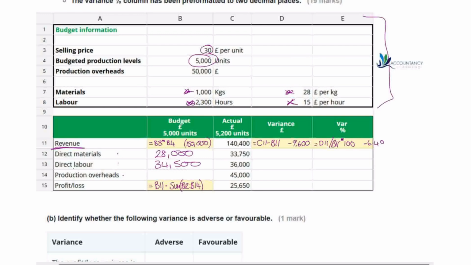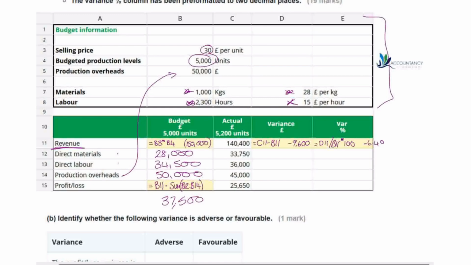And our production overheads is 50,000. So now your profit or loss formula that you've put in will give you 37,500 as the figure when that formula is done.